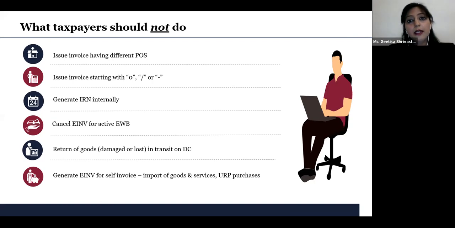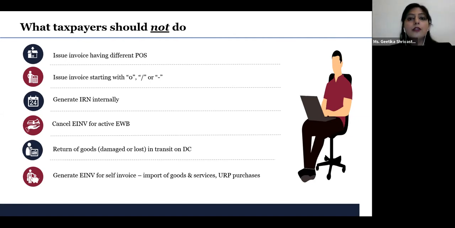Today we have seen that there are various cases where, in a particular invoice, there are different POS, and the taxpayers are issuing a single invoice having multiple POS. While reporting on the GST portal, there is a validation check that if a single invoice has two POS, the portal doesn't allow you to upload those details. So as a practice, the taxpayers started putting some unique numbers in front of the invoice.